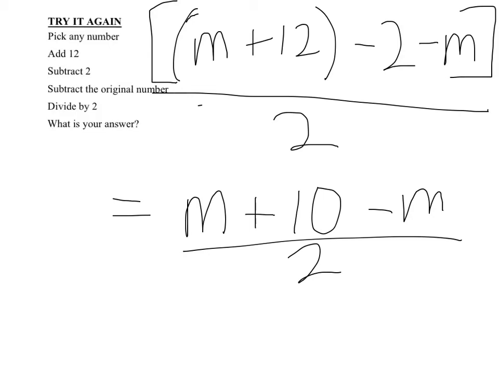Then we have m plus 10 minus m. That'll give us 0 plus 10, which is just 10, divided by 2, which gives us 5. So this expression here will always simplify to 5. And again, when you're simplifying expressions, you're always using order of operations.